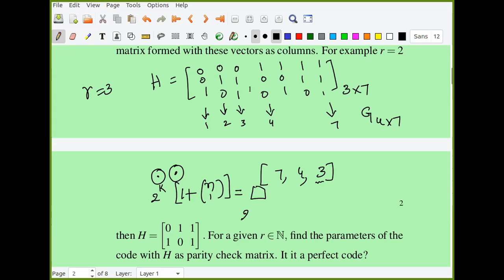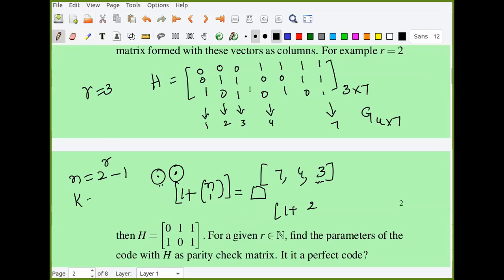See, when r is given, my n is equal to 2 power r minus 1.